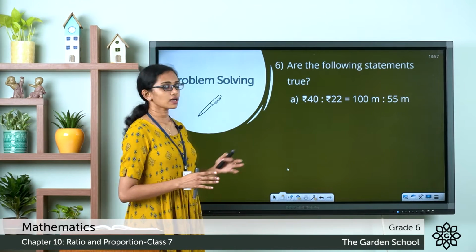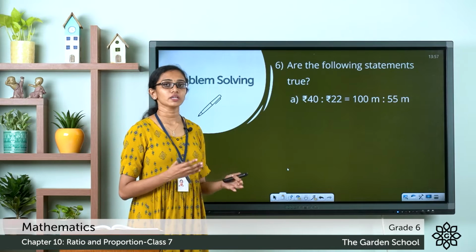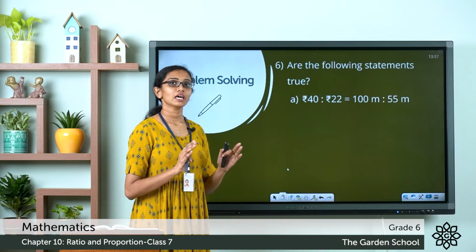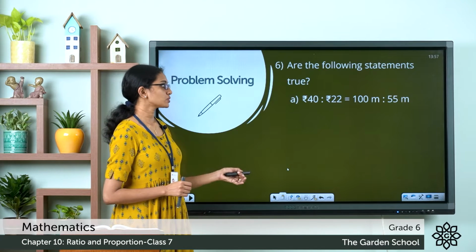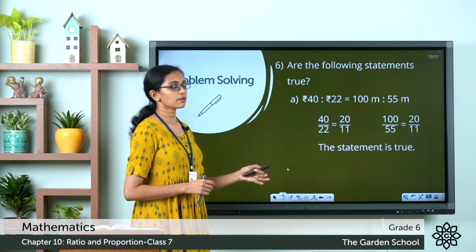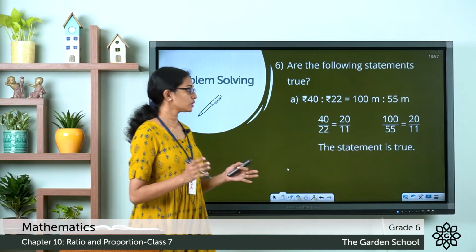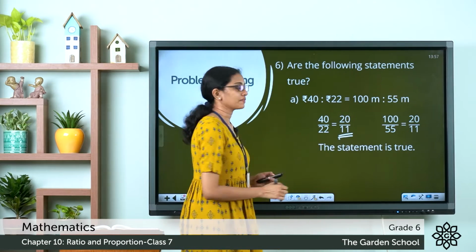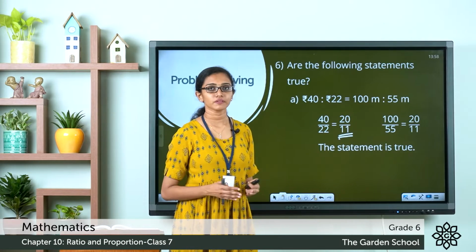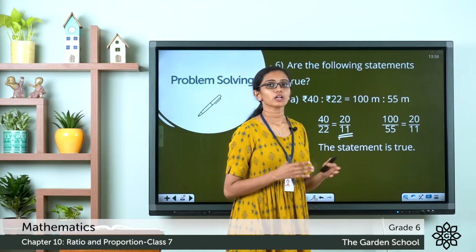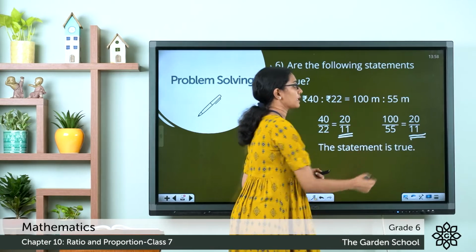To check if these ratios are in proportion, let's first write the corresponding fractions. 40:22 can be written as 40/22, which when simplified will give us 20/11. Now 100:55 can be written as 100/55, which when simplified will give you 20/11.